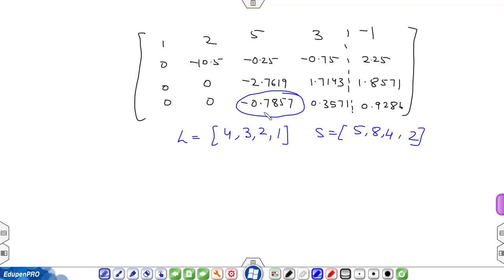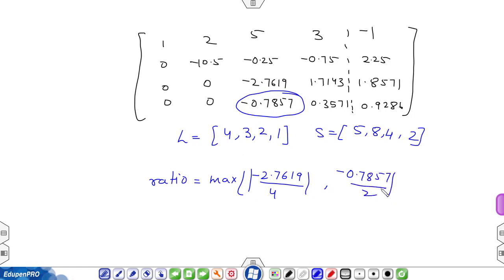Okay, now we have to make 0 at this position. So what would be the value? Now we will find the ratio of this element and this element, that is the maximum of minus 2.7619 upon S3, that is 4, with mod values, and minus 0.7857 upon 2 with mod.